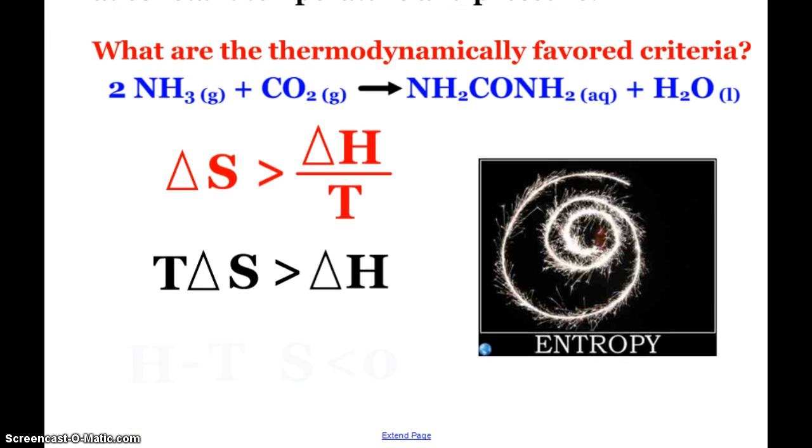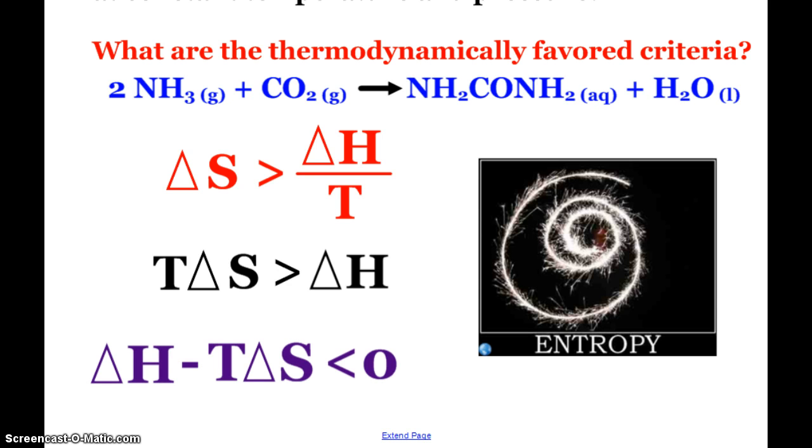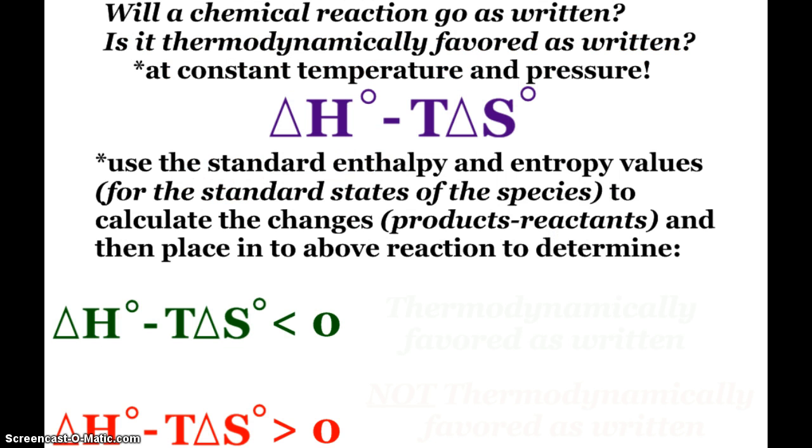So because of our second law of thermodynamics, we know that the change in entropy has to be greater than delta H over T. I rearrange that equation, rearrange it again, and we're going to see that this form of the equation, delta H minus T delta S, must be less than 0 in order for a reaction to be thermodynamically favored as written.